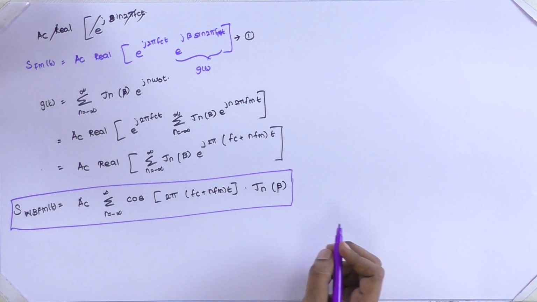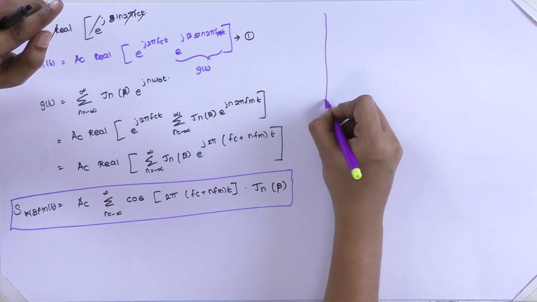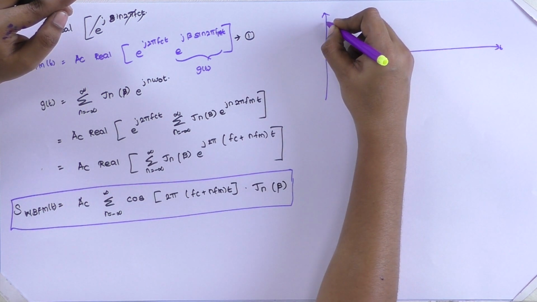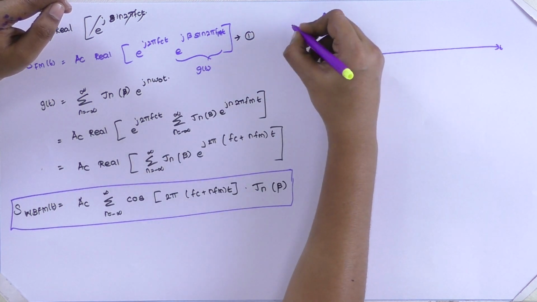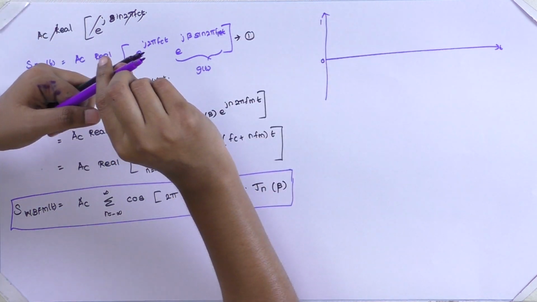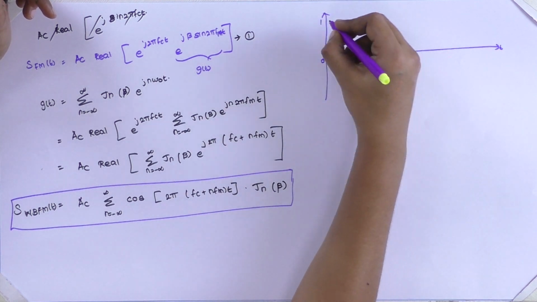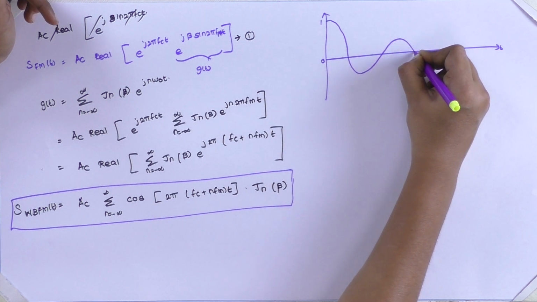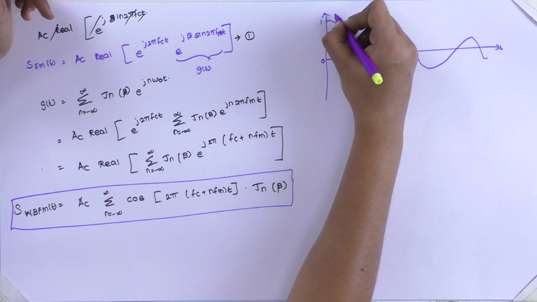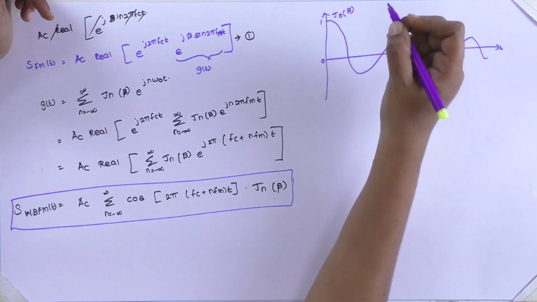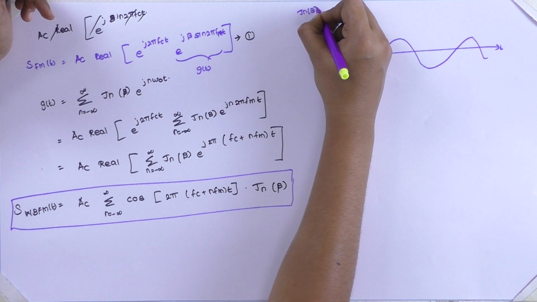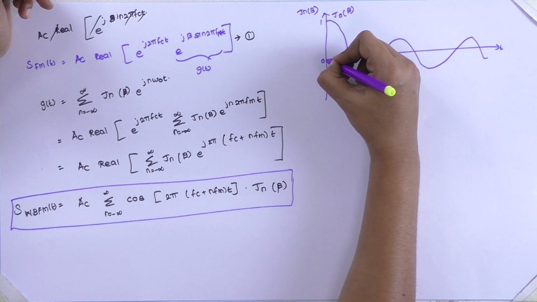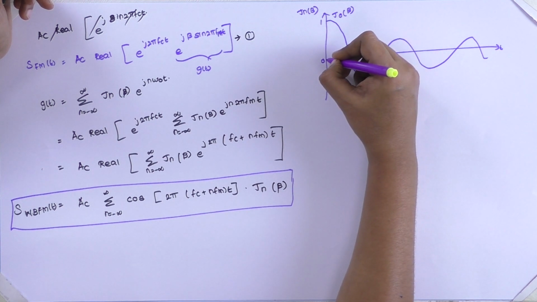Can we draw the graphical expression for this? When our beta value is 0 to 1, when we have n value is equal to 0, this is J0 of beta. Jn of beta are Bessel functions, plots for Bessel function of first kind. Next is J1 of beta, when I have n value is equal to 1.